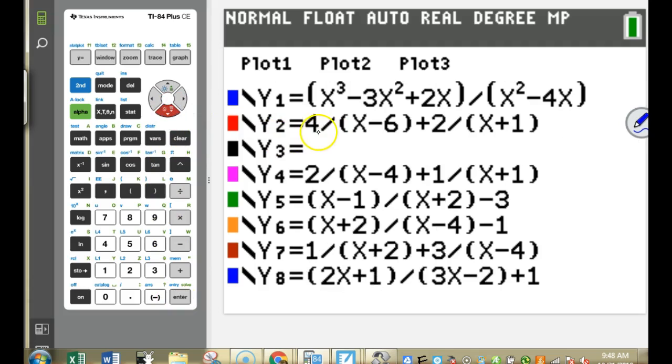I typed the original expression, 4 over x minus 6 plus 2 over x plus 1. Order of operations says I don't need extra parentheses. By leaving it in my calculator this way, I'll make sure that it makes sense, that I didn't factor it wrong.